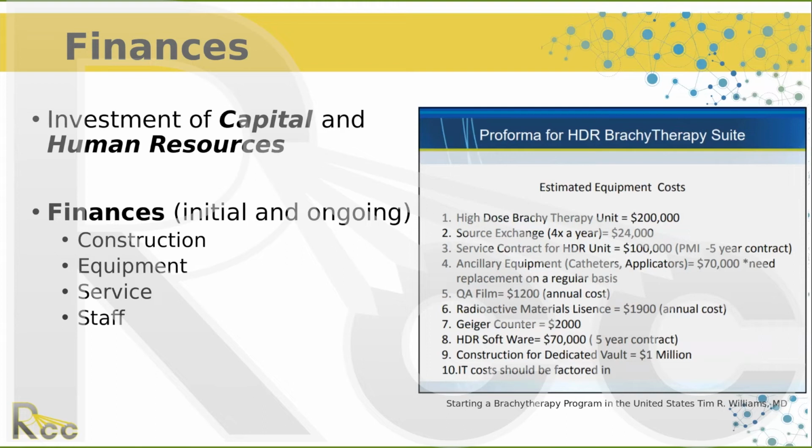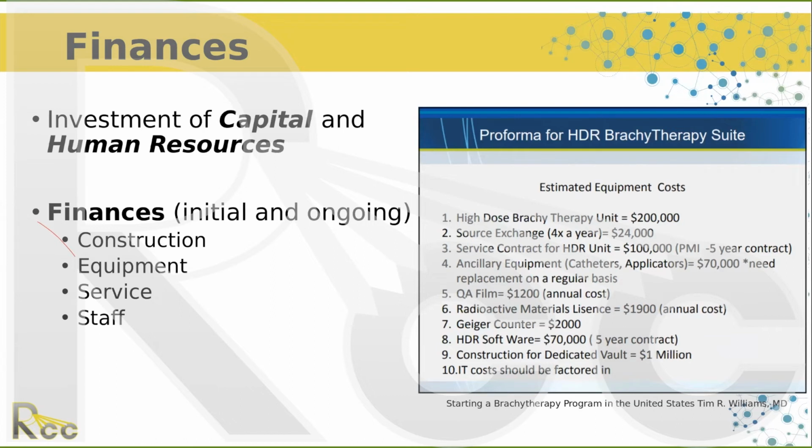So, the finances. This is an important one. It's a tough one, and I've seen this problem before where the money will be raised to develop something and to start something, but then there's not so much thought put into the ongoing costs. This is where Cobalt 60 has some advantages. With iridium, and this table I have over here is from the United States, it mentions a source exchange 4 times a year.